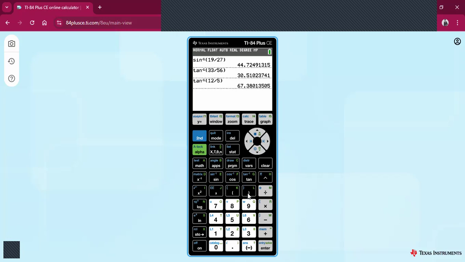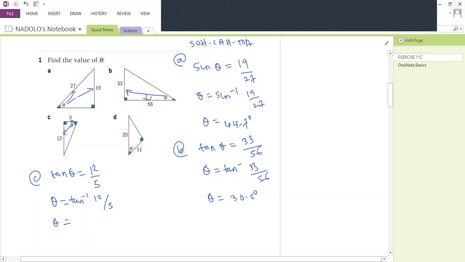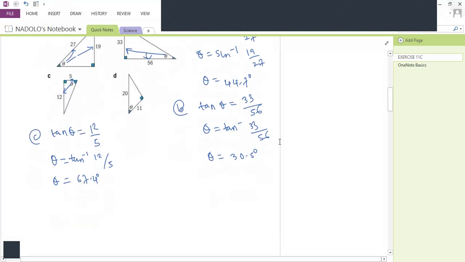So you will get your answer 67.4. 67.4 to 3 significant figures. You're going to write your answer as that. So for number C, that is the answer, 67.4 degrees. Okay, let me gather some more space.